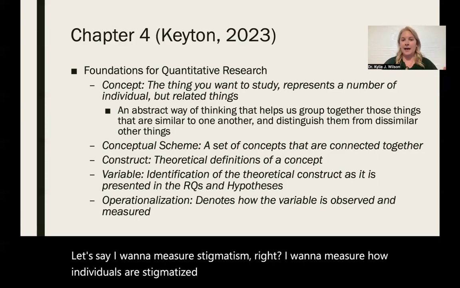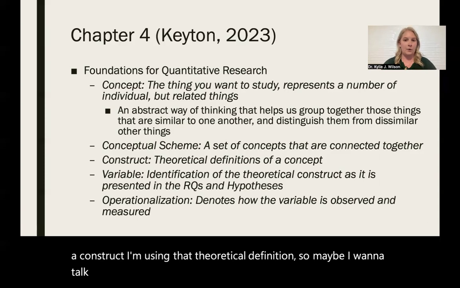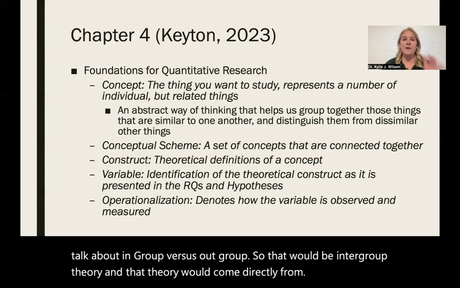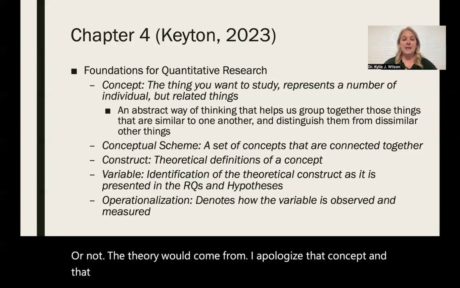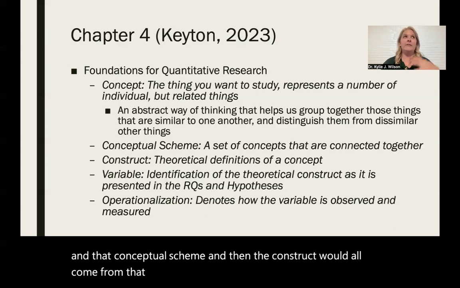That might be my concept, but then as a construct, I'm using that theoretical definition. So maybe I want to talk about in-group versus out-group. So that would be intergroup theory. And that concept and that conceptual scheme and then the construct would all come from that theory of intergroup theory, okay?